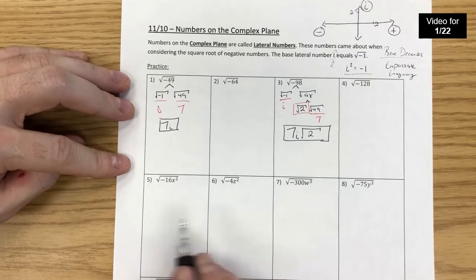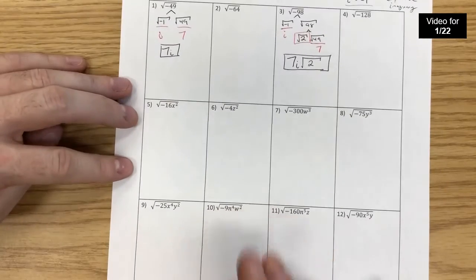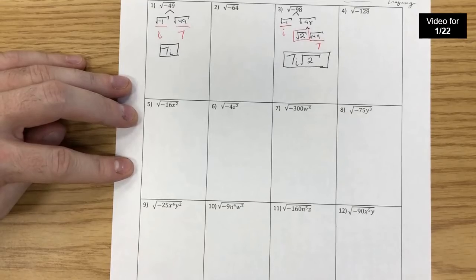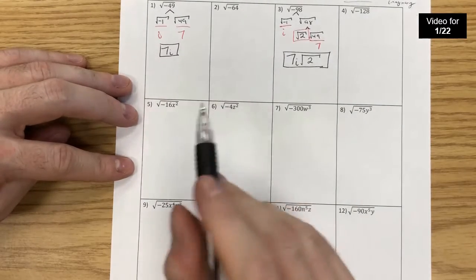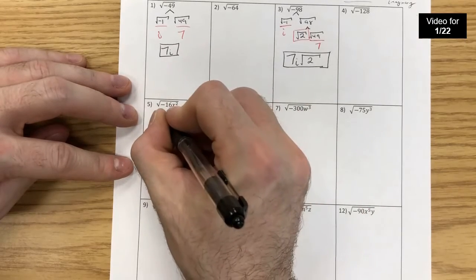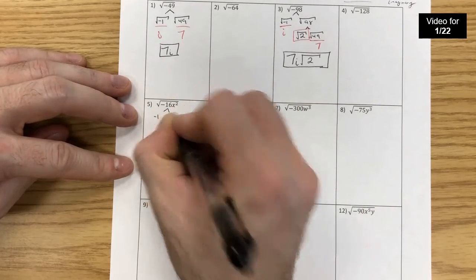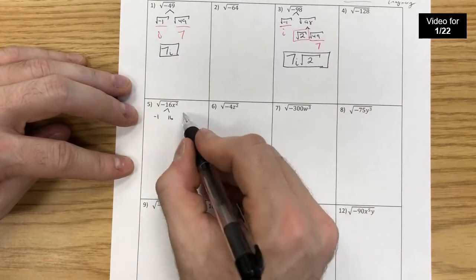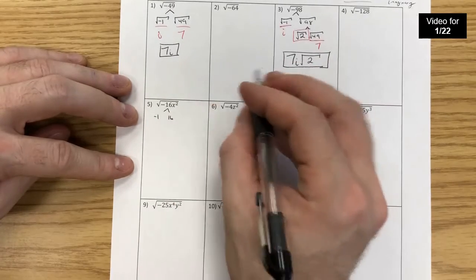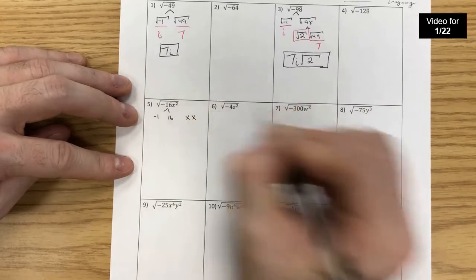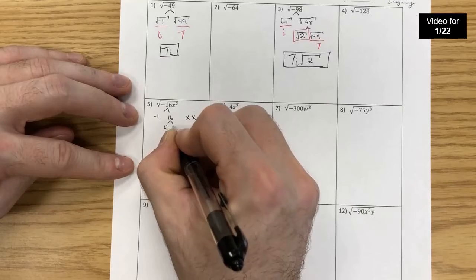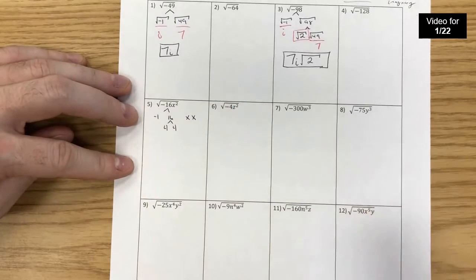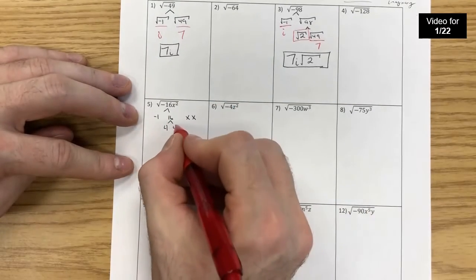Now, the same thing works for these numbers as it does for variables. If I have variables in here, most of the way that we're going to break these down is by factor trees. Now, I'm not going to write out the square root each time. Typically, the way that we write these out is a -1, a 16, and then the older fashion for these variables is I would write out an x and an x. What I would do right here is say 4 and 4, and I would circle pairs of numbers.